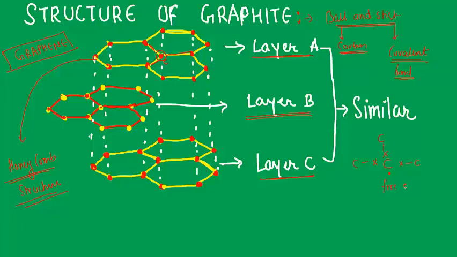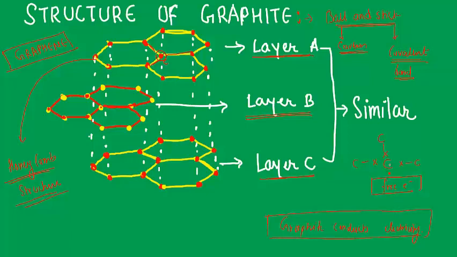free electron. Okay guys, and just because of this free or delocalized electron, graphite conducts electricity. Being a non-metal, graphite conducts electricity. So I think now you know the reason why graphite conducts electricity. It is because of the presence of this delocalized or free electron.